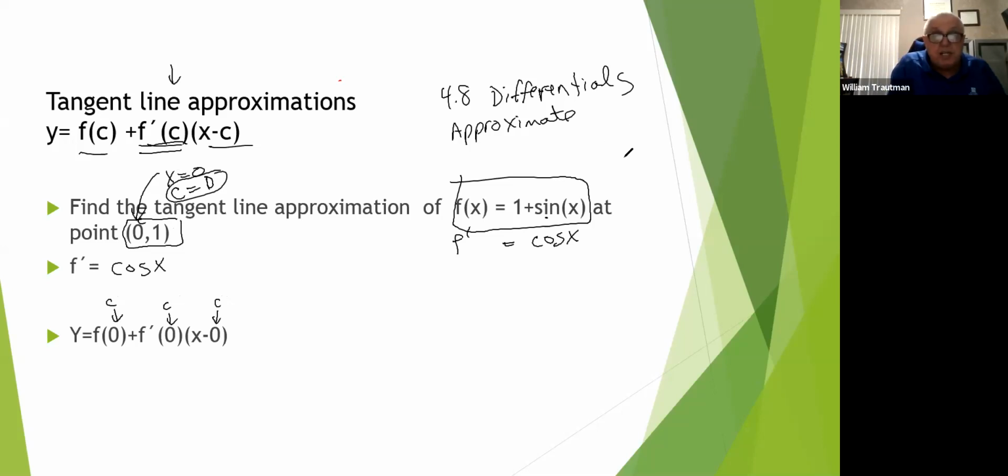First we plug 0 into the regular function: 1 plus the sine of 0. Now we might need our unit circle. On the unit circle, look at the sine of 0.